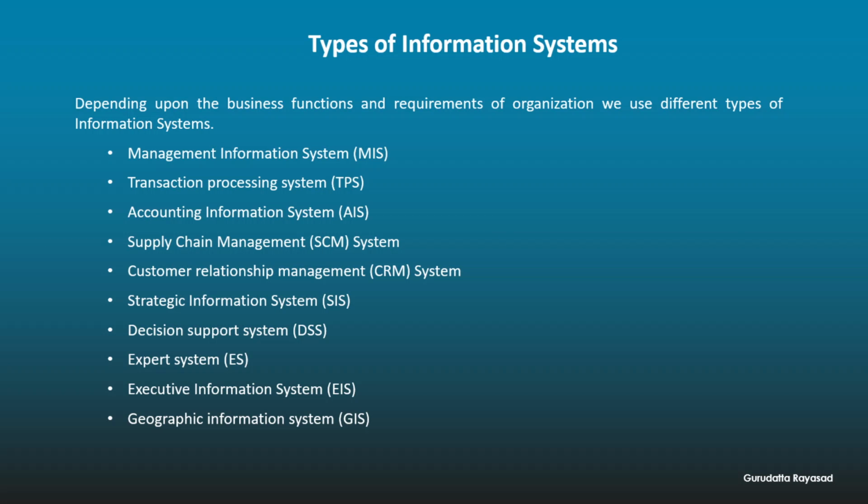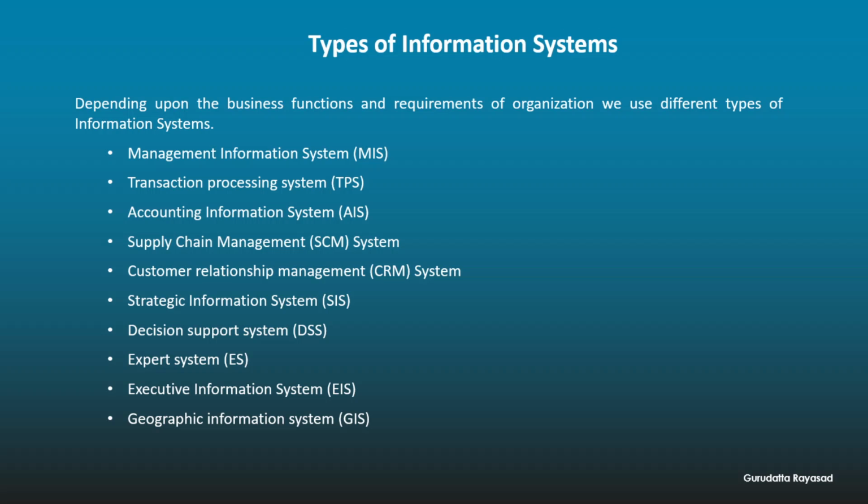So we discussed some of the information system applications, especially related to supply chain, customer care, and strategic information systems and so on. So there are many other types of information systems. As we know, management information system is one of the important systems that is regularly used by most organizations.